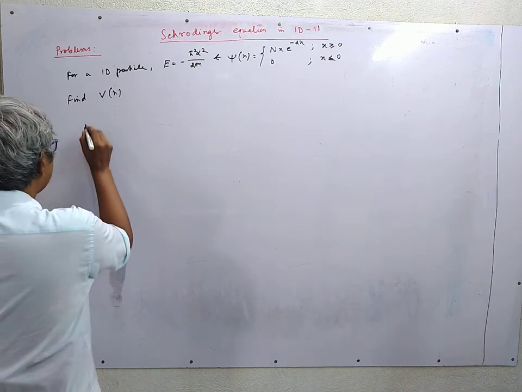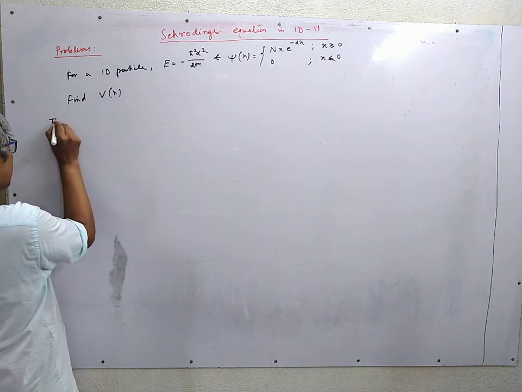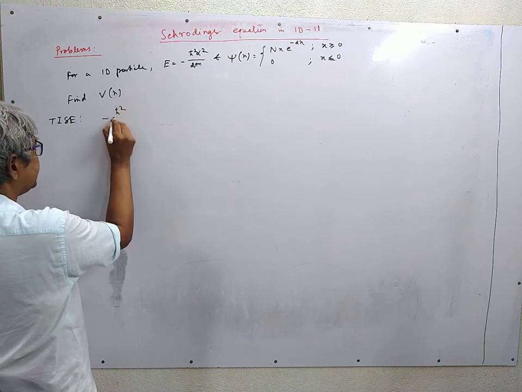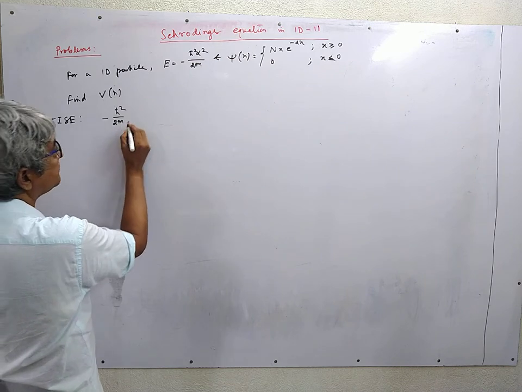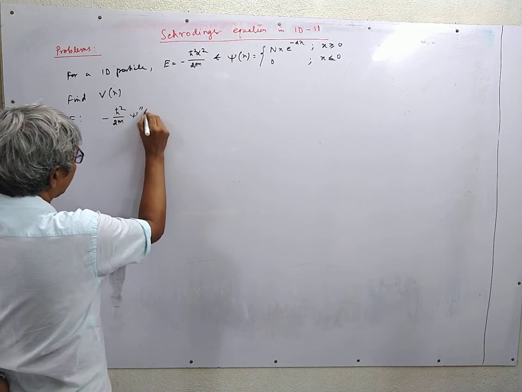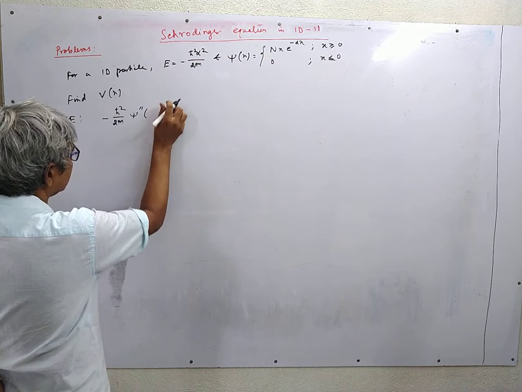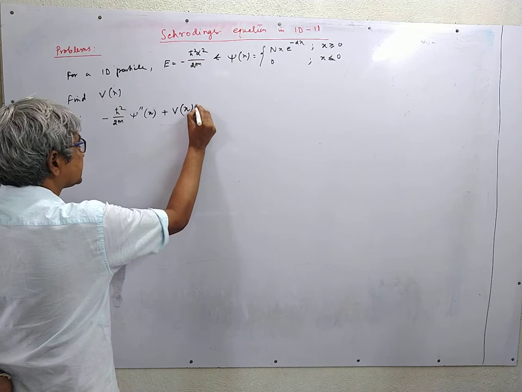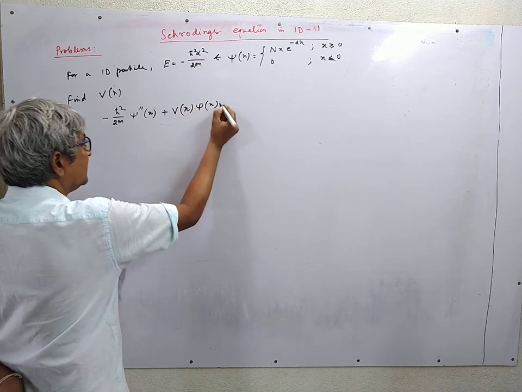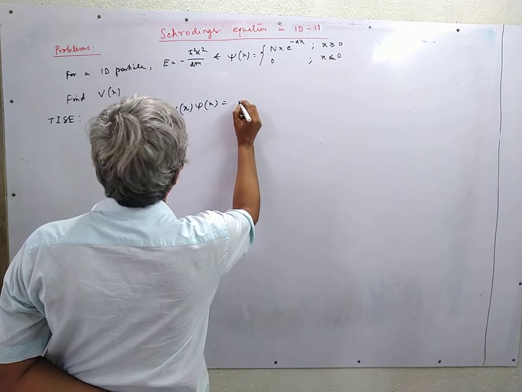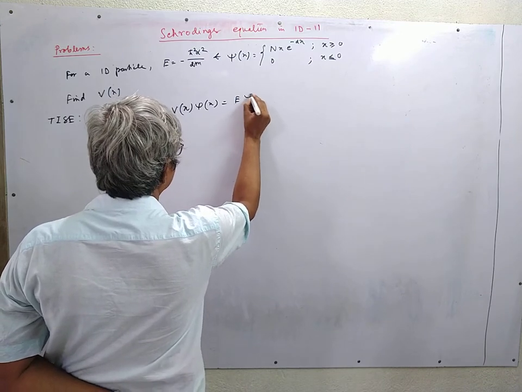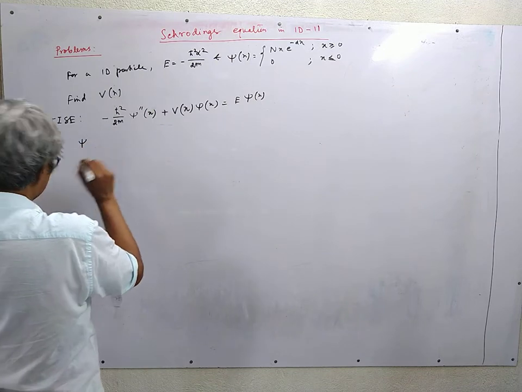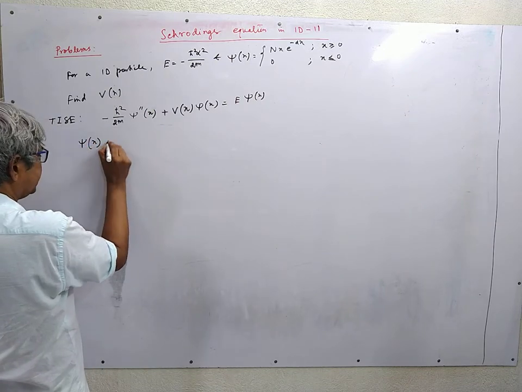So we first write the time-independent Schrodinger equation. This is minus h-bar squared by 2m psi double prime of x plus V of x psi of x equal to E psi of x for x greater than 0.